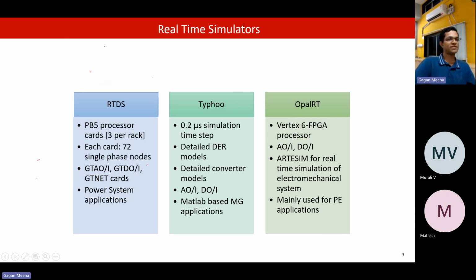If you want to model a big system, then we need to increase the number of racks.